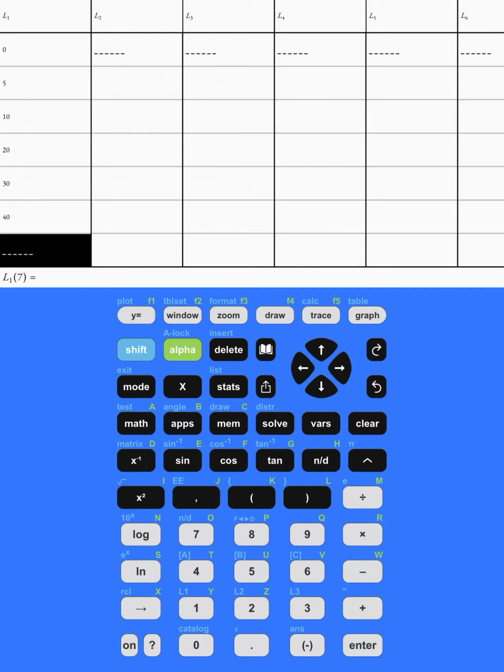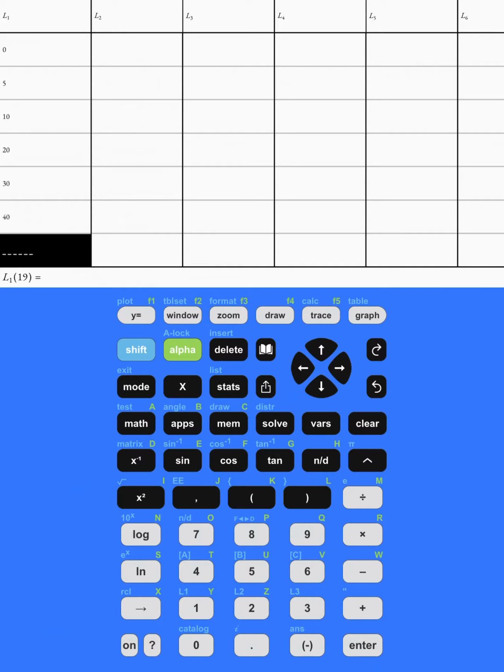Again, for trial number 2, we have 0 minutes, 5 minutes, 10 minutes, 20, 30, and 40. And now we continue to trial number 3. The time in minutes is 0, 5, 10, 20, 30, and 40.